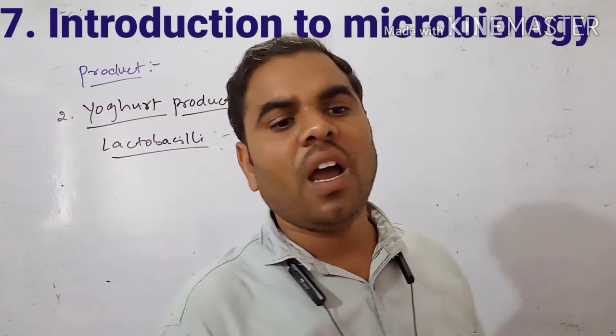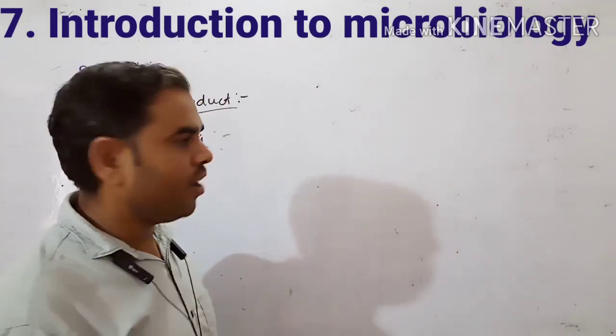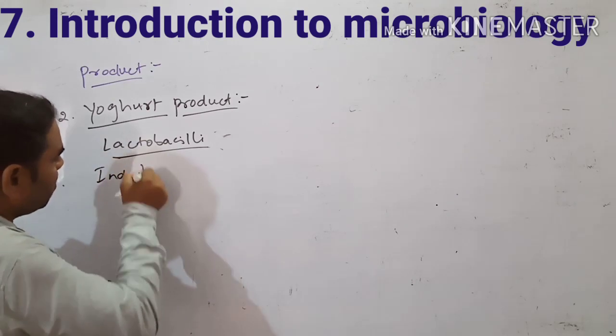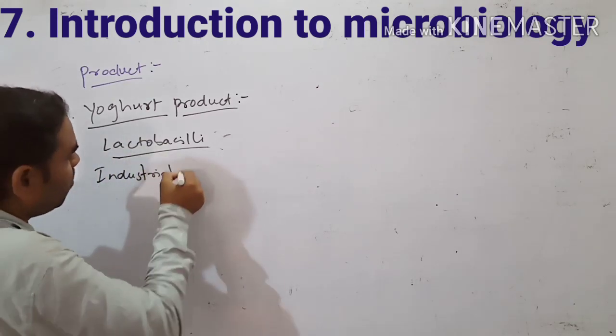Next we have to see the industrial production of yogurt. What is important in industrial production?